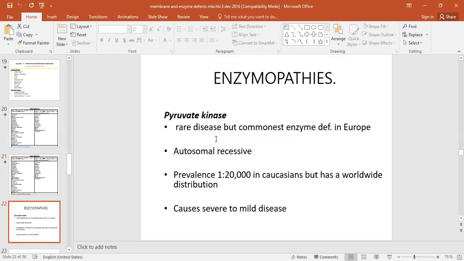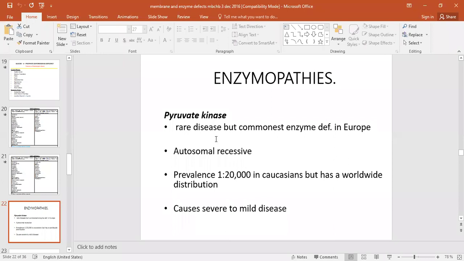Okay. Other enzymes, and I would want you to go and study more about them, is pyruvate kinase, and we saw where pyruvate kinase was essential. It's a rare disease, but the commonest enzyme deficiency in Europe. It's autosomal recessive with a prevalence of 1 in every 20,000. So we should be having at least 2,500 patients in our population that may be having this disease.